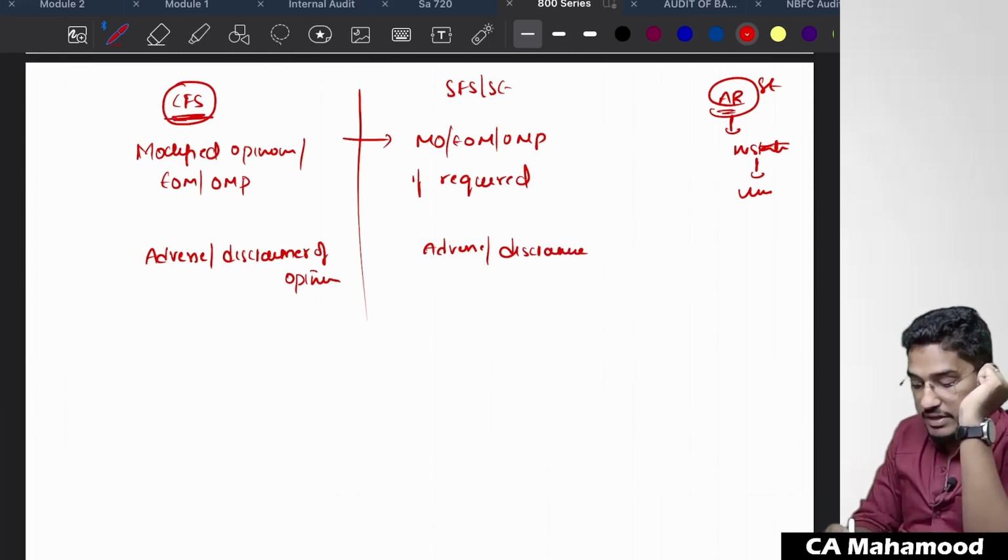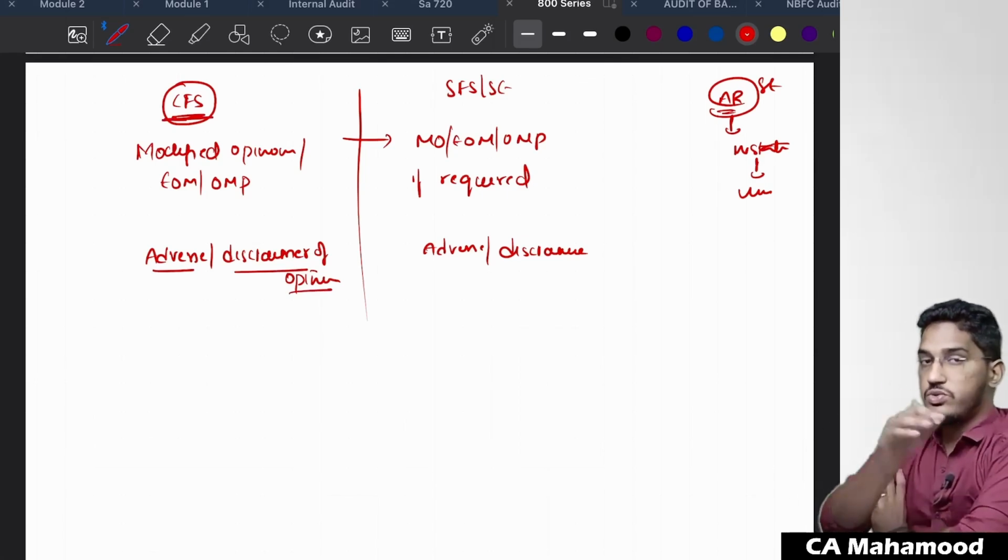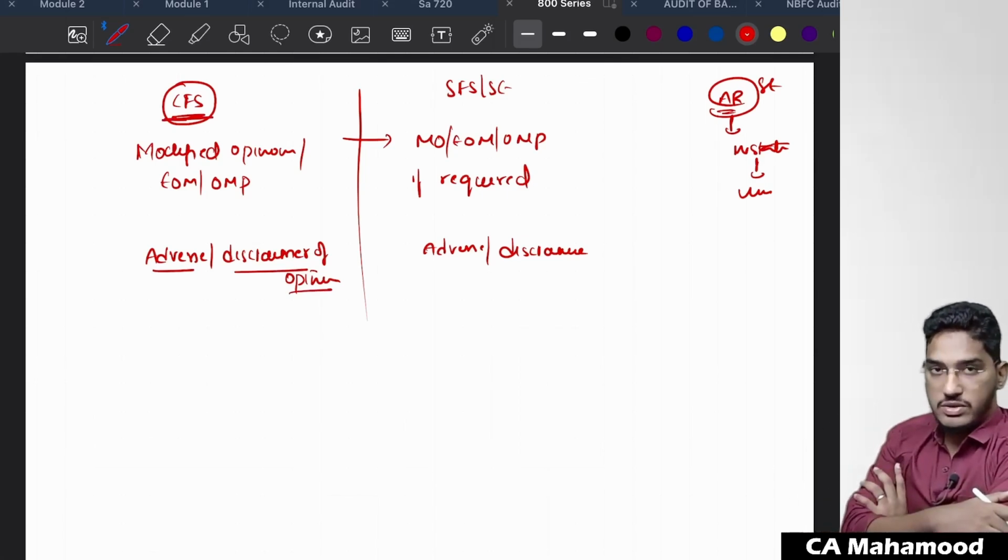If the complete financial statements contain an adverse opinion or disclaimer of opinion, even the audit report which you give on single financial statements or separate elements should contain either adverse or disclaimer. See why? Because when you are giving an adverse opinion or a disclaimer of opinion on the complete set of financial statements, you are basically trying to say that the entire financial statements are wrong.